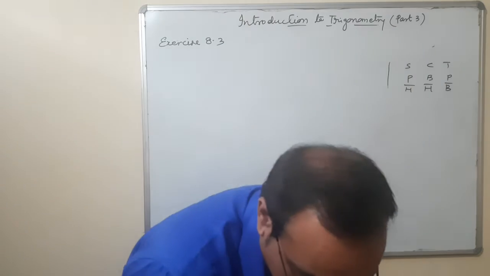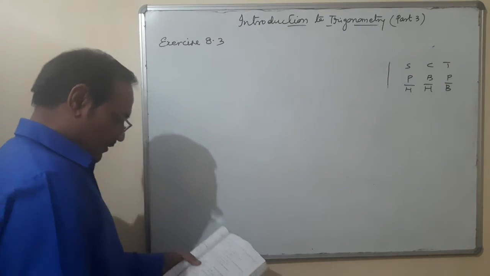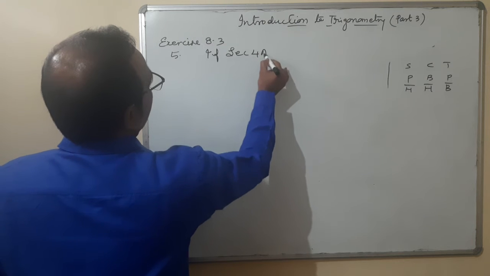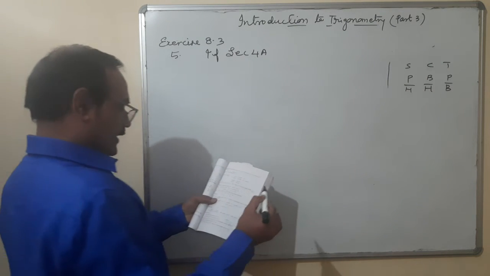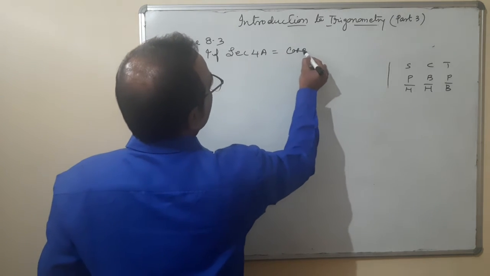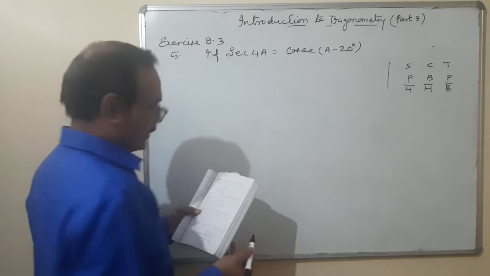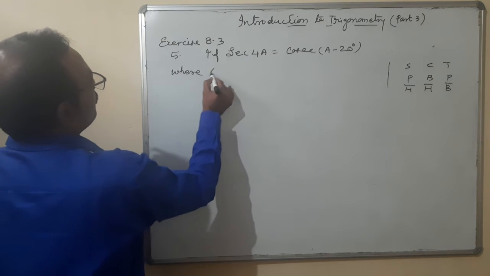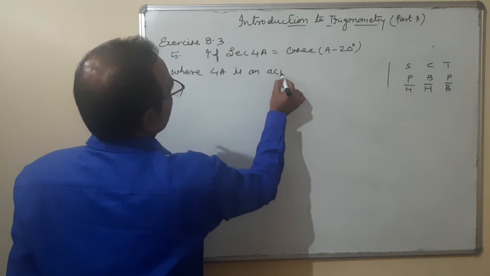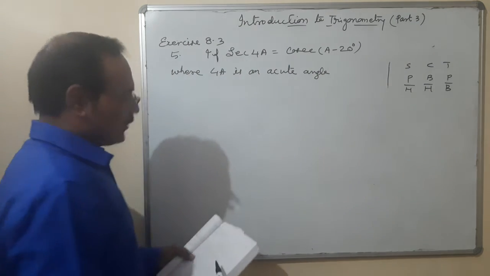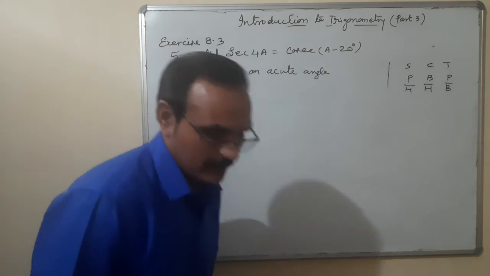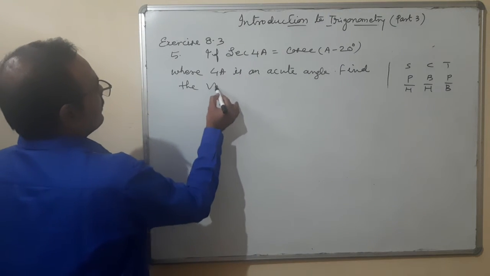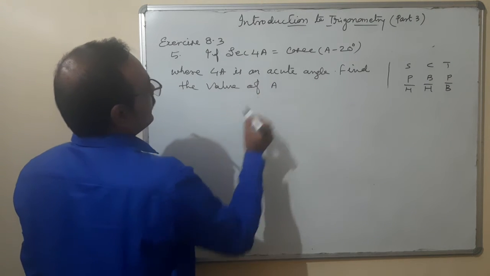Fifth question is, if sec 4a is equal to cosec a minus 20 degree, where 4a is an acute angle, find the value of a.